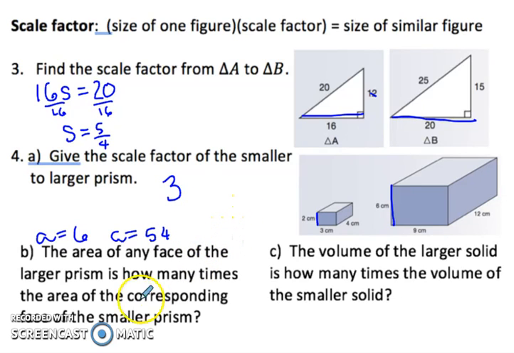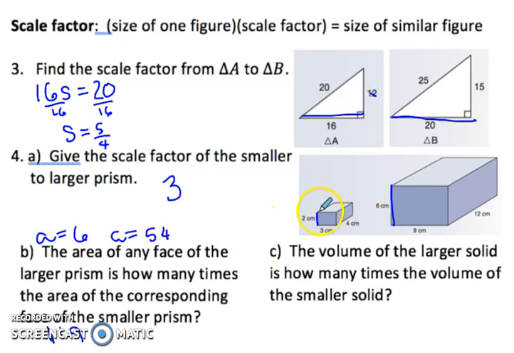So that means the area of the larger one is 9 times the area of the smaller one. So I have a ratio of 1 to 9 with the area of the smaller to the area of the larger face.